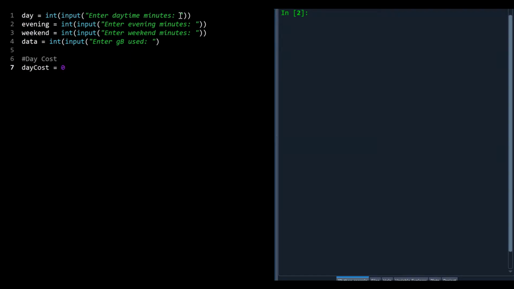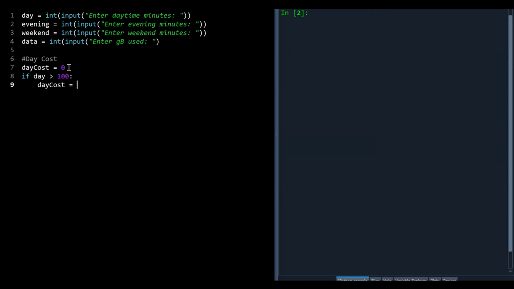Okay, so I'm going to assume that the daytime minutes is going to be less than 100, and then it would cost us $0. And if it happens to go over 100, so if the day goes over 100 minutes, then I'm going to calculate the additional cost. So day cost would be a different value.